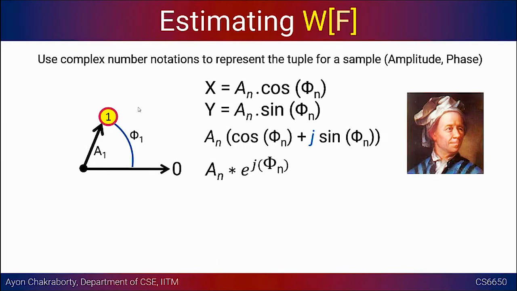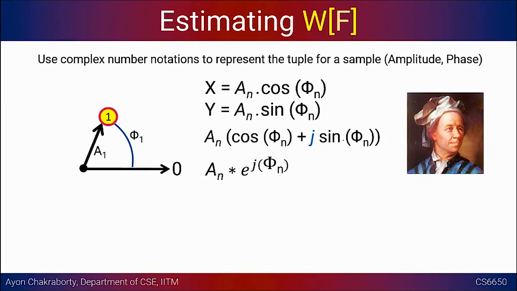If you look at the Euclidean distance x and y in this Cartesian coordinate space, and in the complex notation system, we can also write it as An, the amplitude, times cos of phi n plus j sine phi n. It's a convention that we use j in this discipline, whereas in mathematics they use i, where i squared is -1.